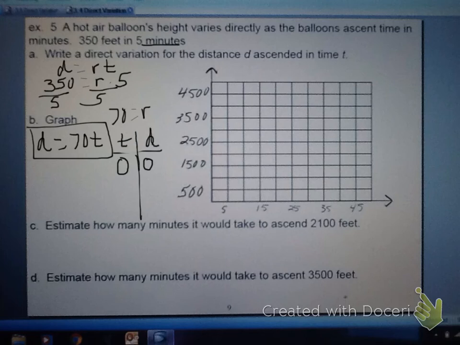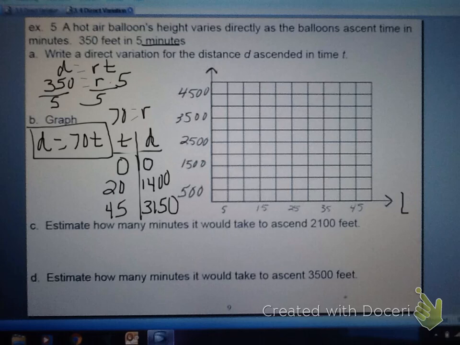I'm going to say 20, and again, this is minutes. So in 20 minutes, how high does the balloon go? 20 times 70 is 1,400. And then I'm going to pick 45. And 45 times 70 is 3,150.